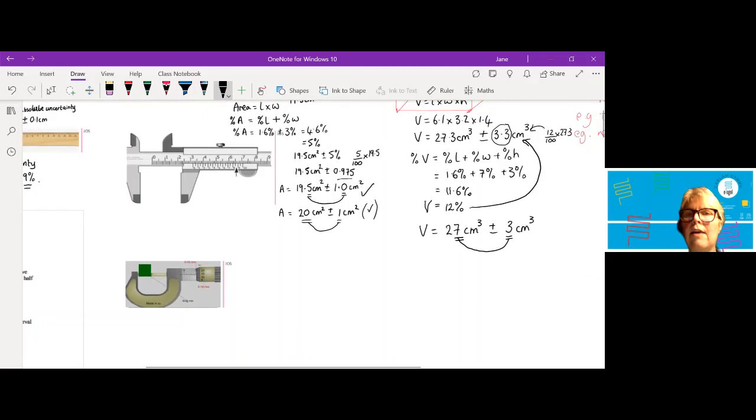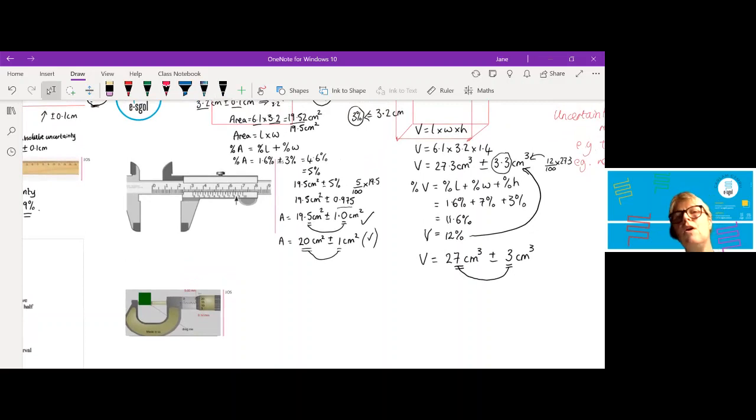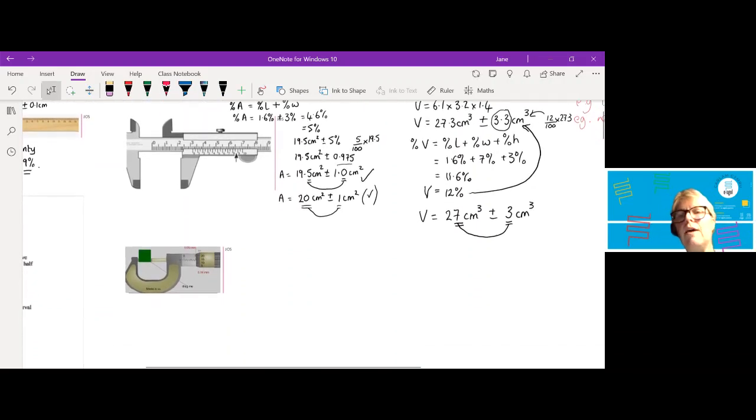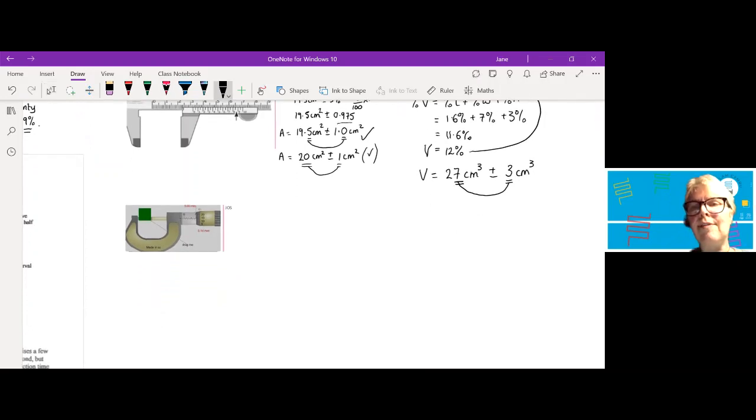Now, I think I've seen an exam question where not only does it ask for volume, but it asks, for example, for the density. The density is given by mass divided by volume. So the percentage uncertainty in the density is given by the percentage uncertainty in the mass plus the percentage uncertainty in the volume, because the mass is once in the equation, and the volume is once in the equation.